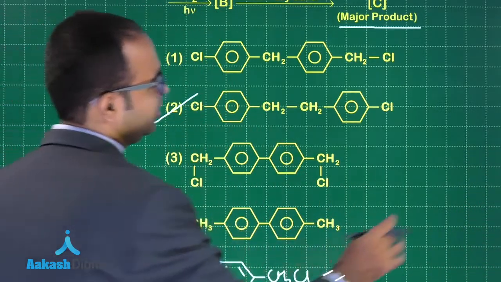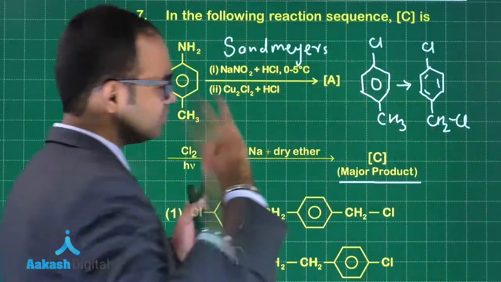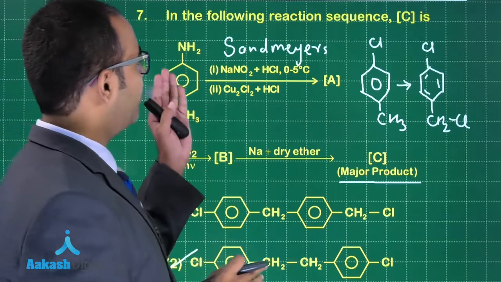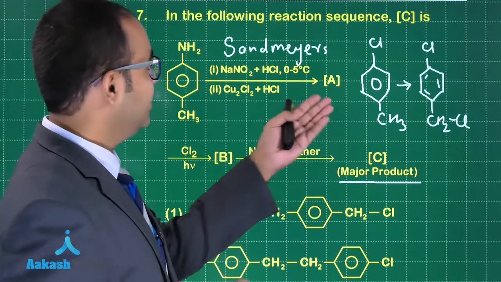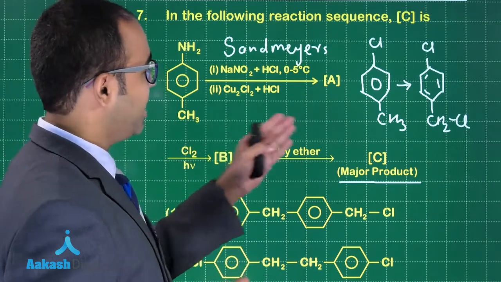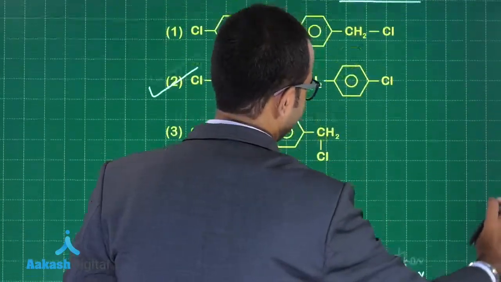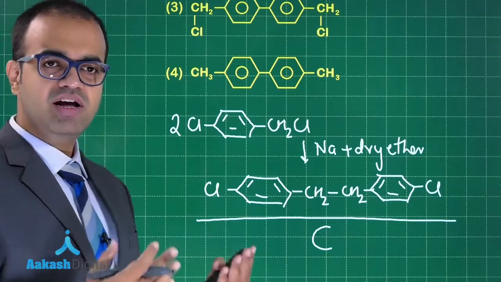Is this clear to all? Anything that is not understood, just remember Sandmeyer's reaction and Wurtz reaction. From this compound to A, it is Sandmeyer's reaction. Then the second step is chlorination, and the third step is Wurtz reaction. So your final answer is this, guys. Okay, let us move on to the next question.